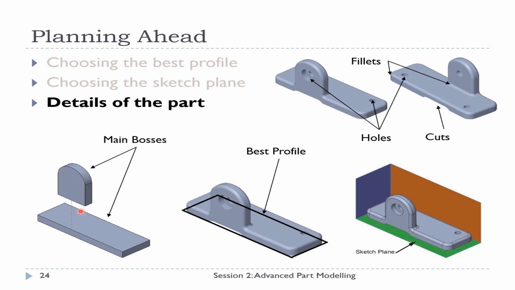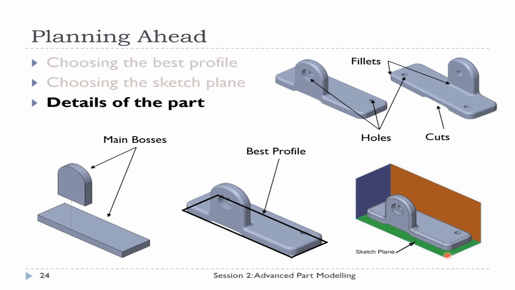So once we have identified the main features on the part, then we can choose the best profile which is going to be the outline of the base geometry. And then this is going to be the bottom face of our part, so it would make sense to select the top plane to start sketching or placing our best profile sketch.